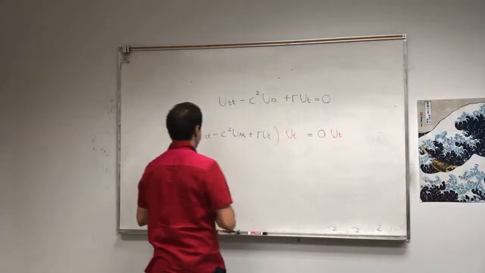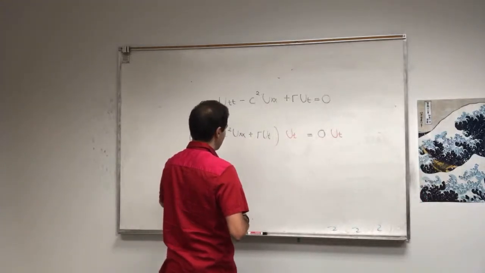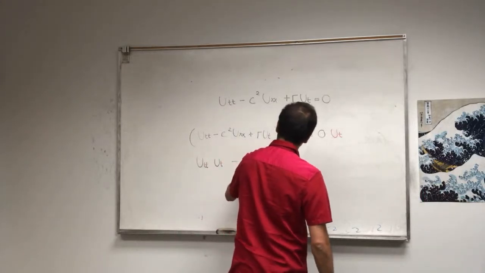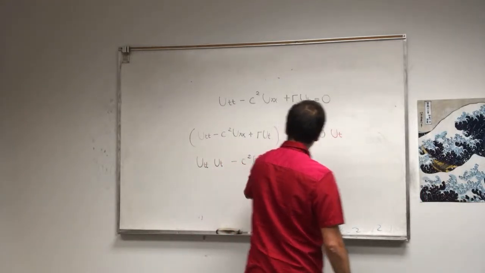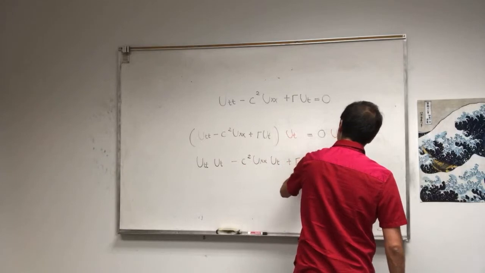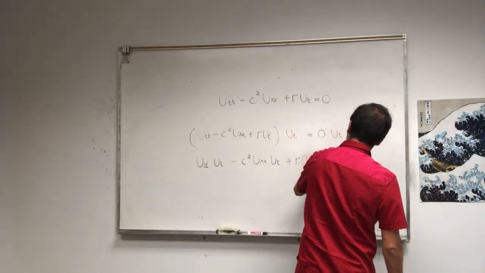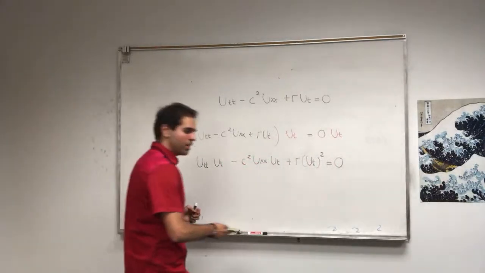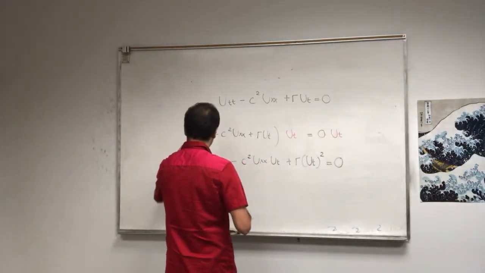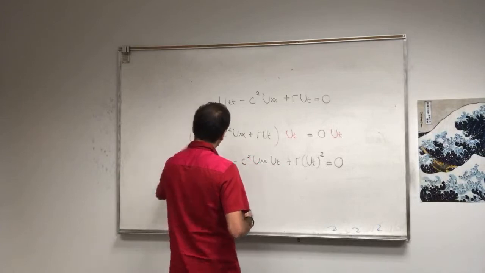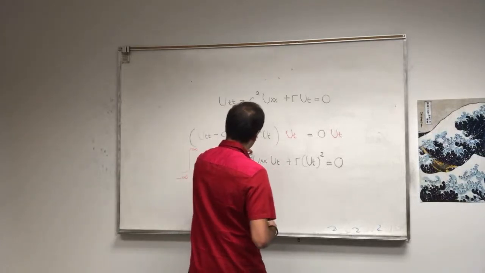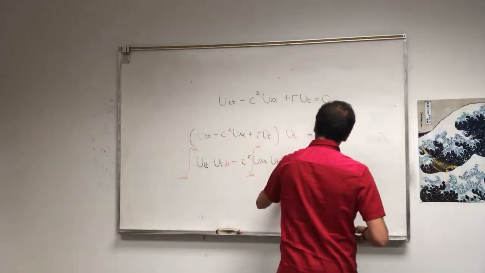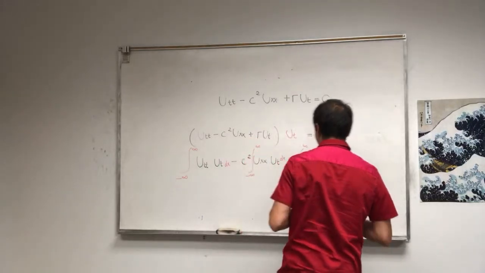And then what we get is UTT times UT minus c squared UXX times UT plus R UT squared equals 0. And then just integrate with respect to x, from minus infinity to infinity.